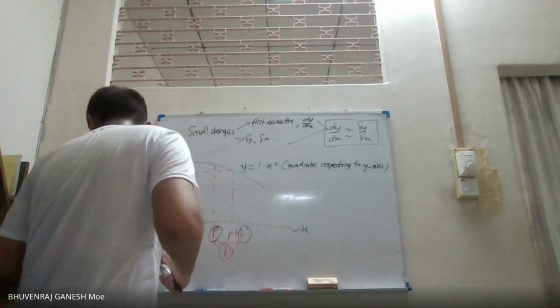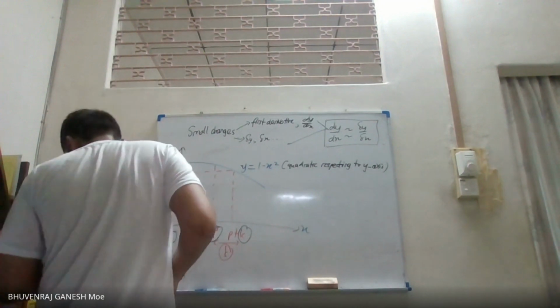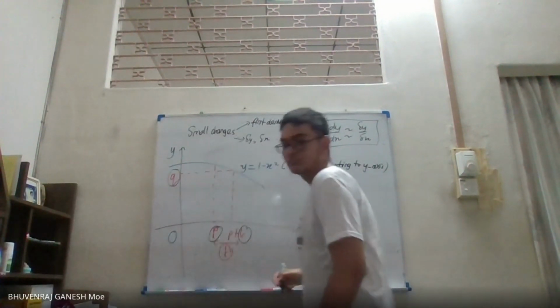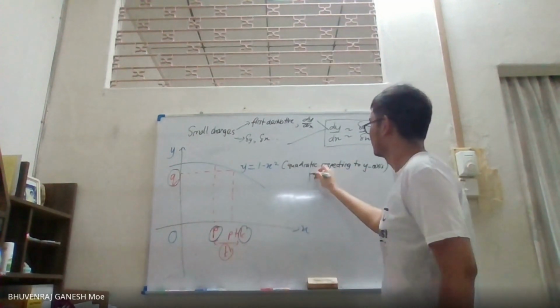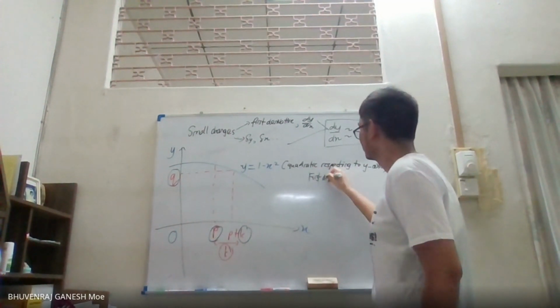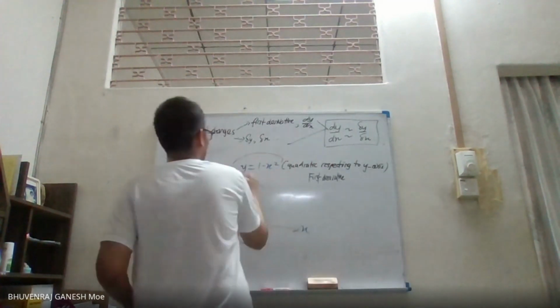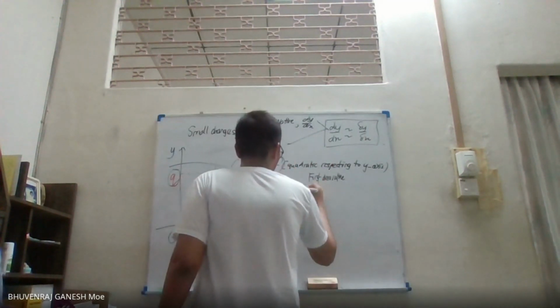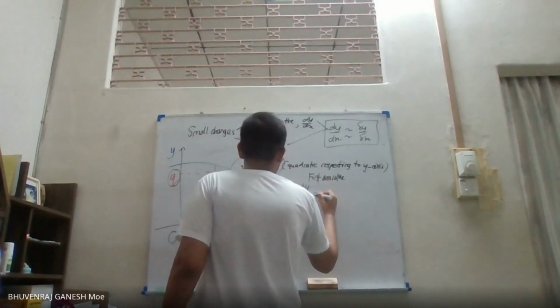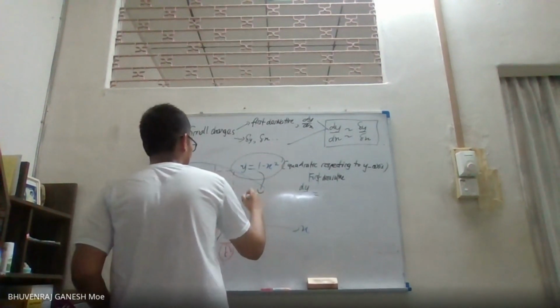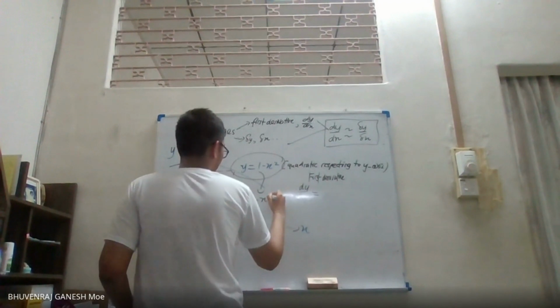Now we're going to find the approximate changes here. The first question is simple. First derivative only, from this equation. So you will do dy over dx, and you have to shift this equation to a normal form, negative x squared plus 1.